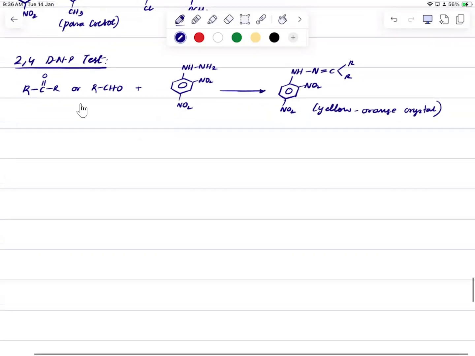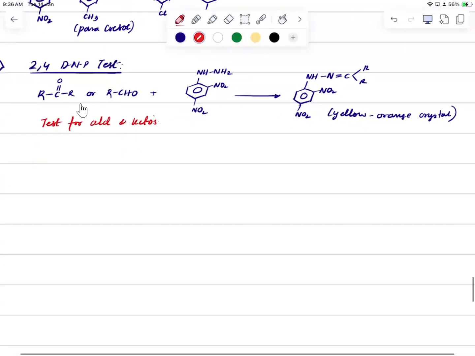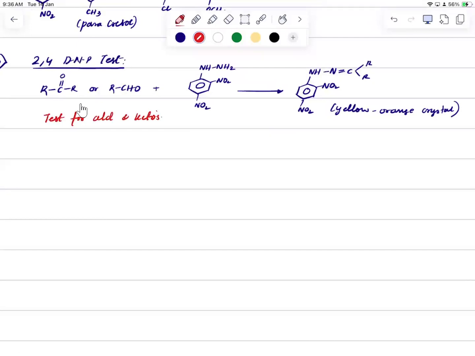There are other colors also you can get depending upon what type of aldehyde and ketone you are taking, but this is mainly a test for aldehydes and ketones. Clear? This is a test for aldehydes and ketones.